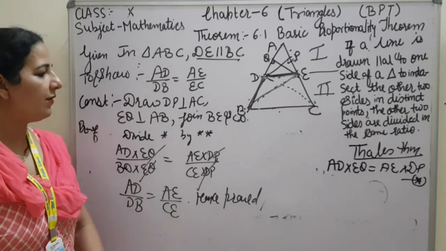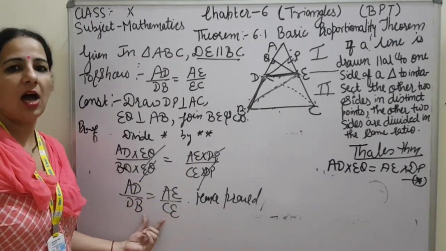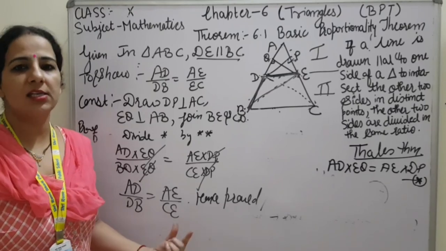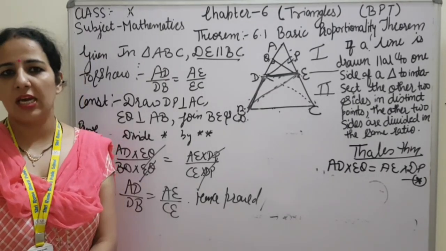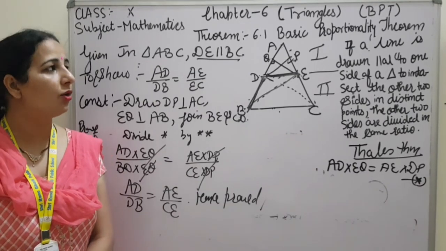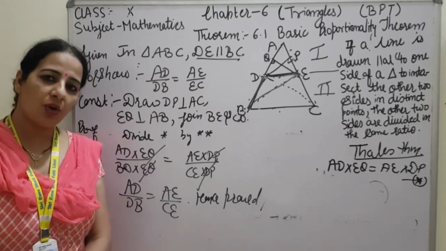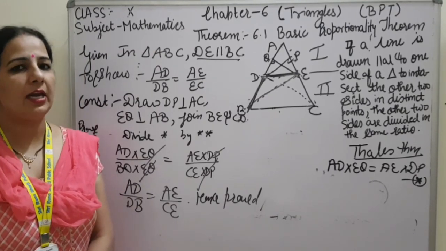Then we divided the two main equations and wrote that the sides are proportional, meaning the sides are equal in ratio. This is the most important theorem of our syllabus, that is BPT. In fact, we are going to use this theorem in many questions. The theorem is important, and the questions related to BPT are also very, very important.